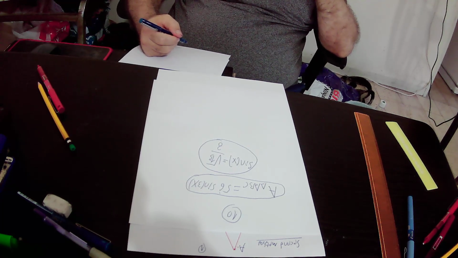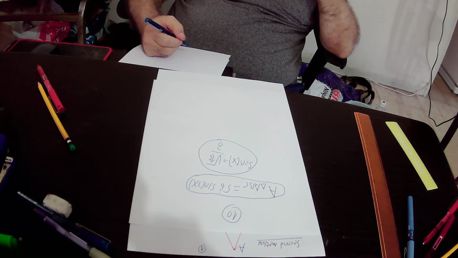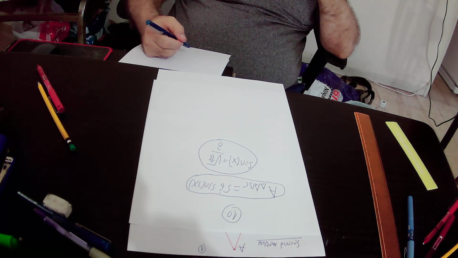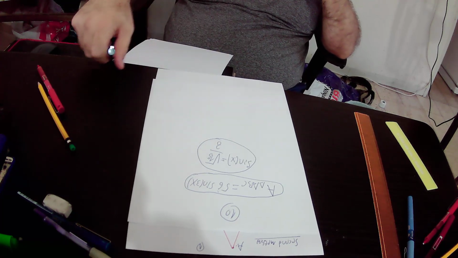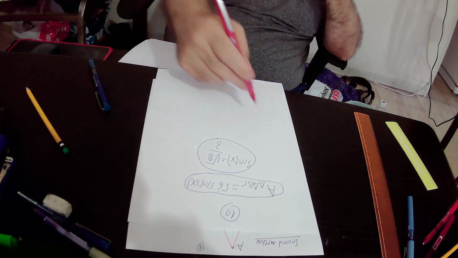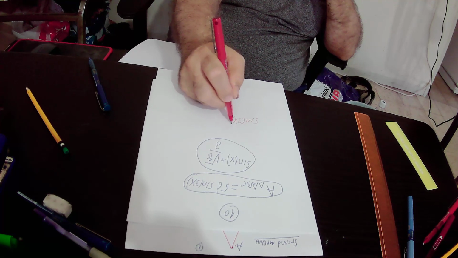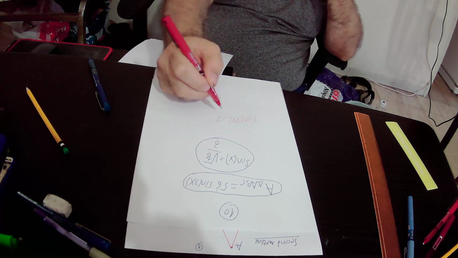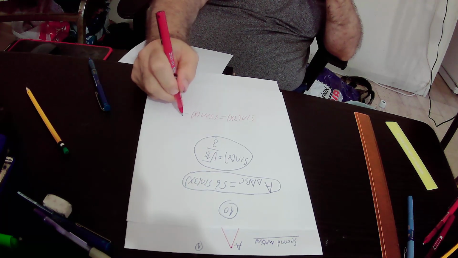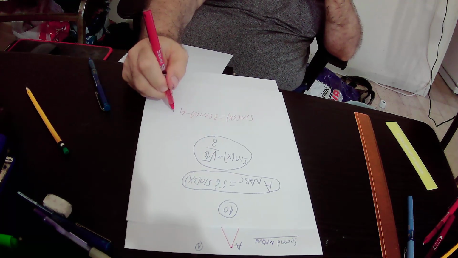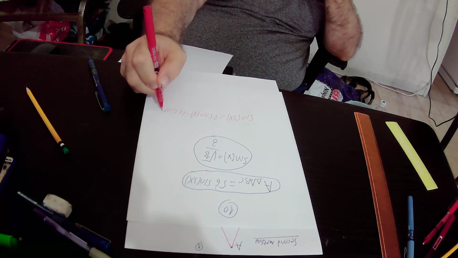Okay, so here I will present you the fourth trigonometric identity, which states that the value of sine 3x equals 3 sine x minus 4 sine cube x.